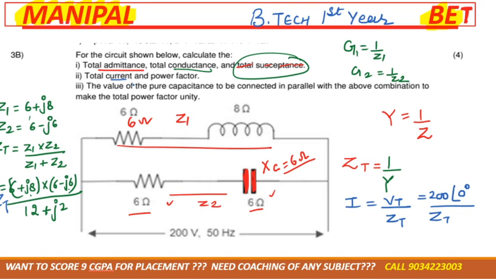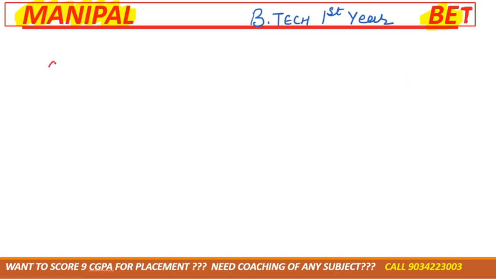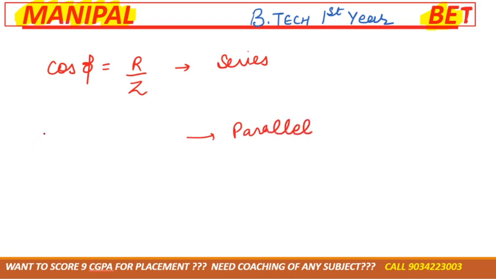right? So power factor is what? Cos phi. As I told you always, power factor is R by Z. But this is the case of parallel. So how can we calculate power factor cos phi? We need to calculate phi. Phi is what?